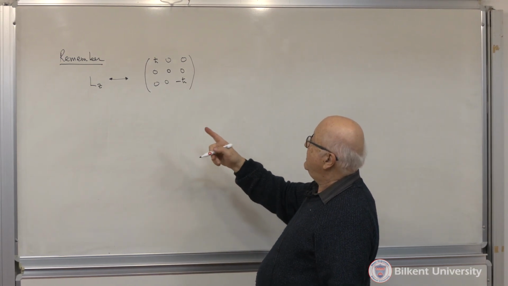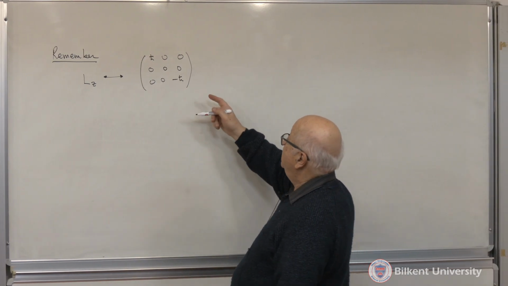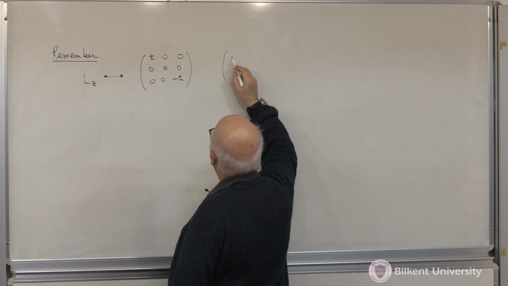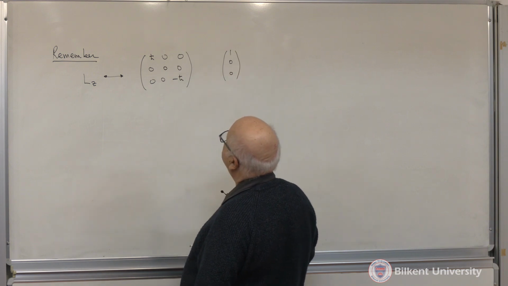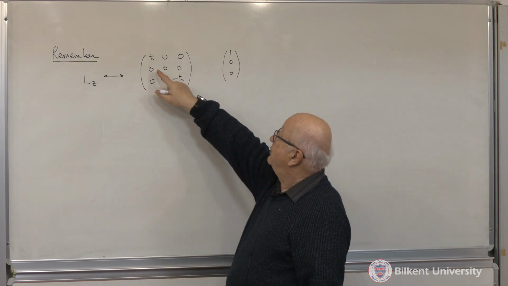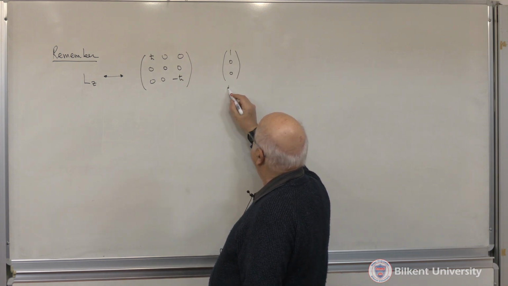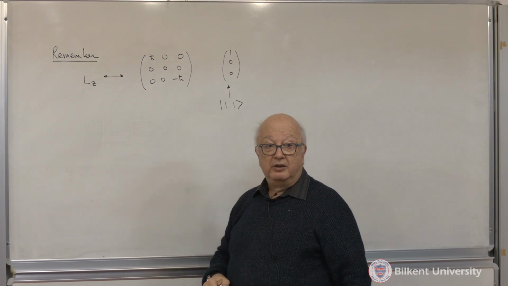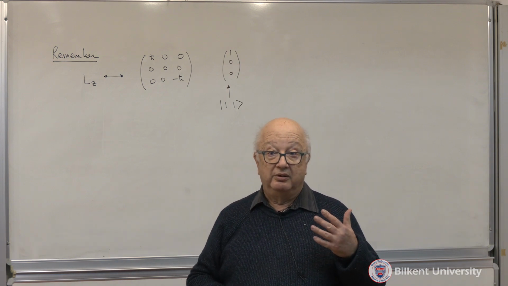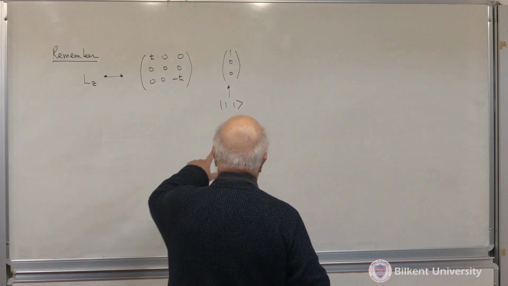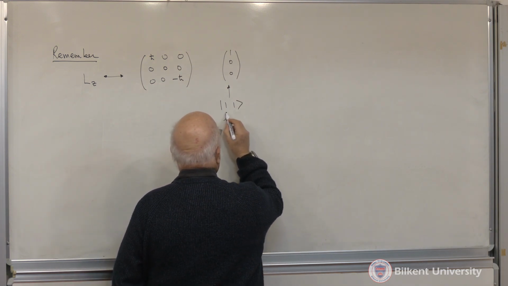So you can easily see that the eigenvectors here are very simple. If I just take, for example, this eigenvector 1, 0, 0, that's immediately going to give you this plus h bar. So this is associated with, now I'll write this, M11. It is the eigenstate corresponding to L equal to 1.